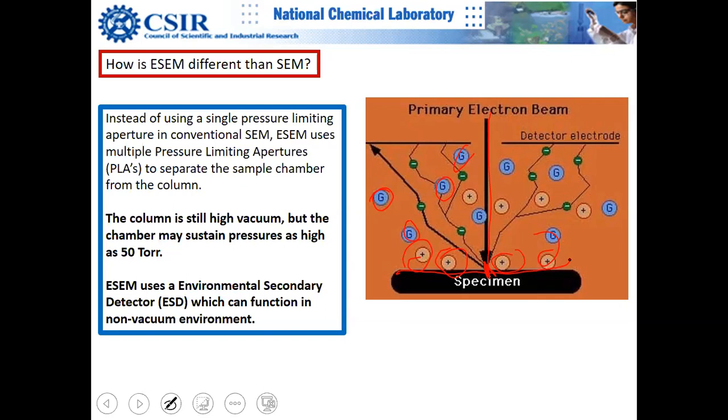The specimen is non-conducting, because you did not coat anything, so it will accumulate negative charge; there will be charging. This charging will be neutralized by the positive charge. So it's basically inbuilt neutralization, and the electrons will easily escape and reach the detector.